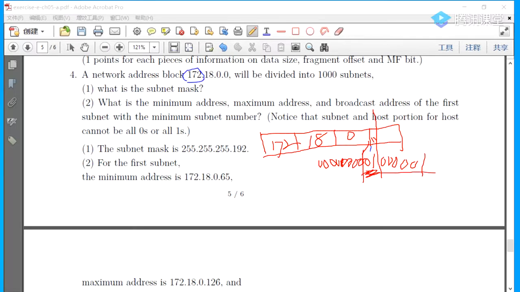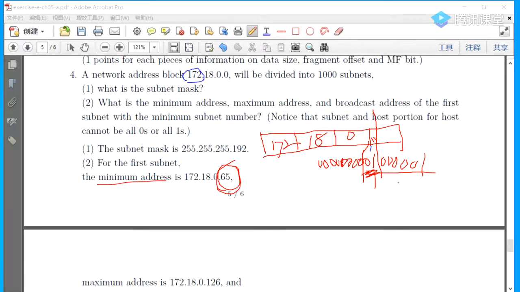So now this is 64. This is 1. 64 plus 1 is the minimum address, which is 65, right? Then we get the minimum address.